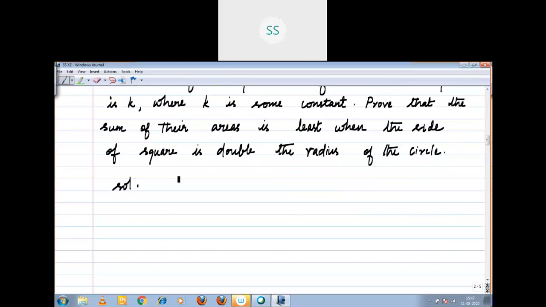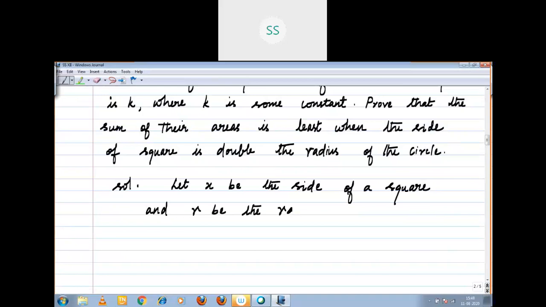Let x be the side of a square. You are assuming, using the variable, and r be the radius of a circle.